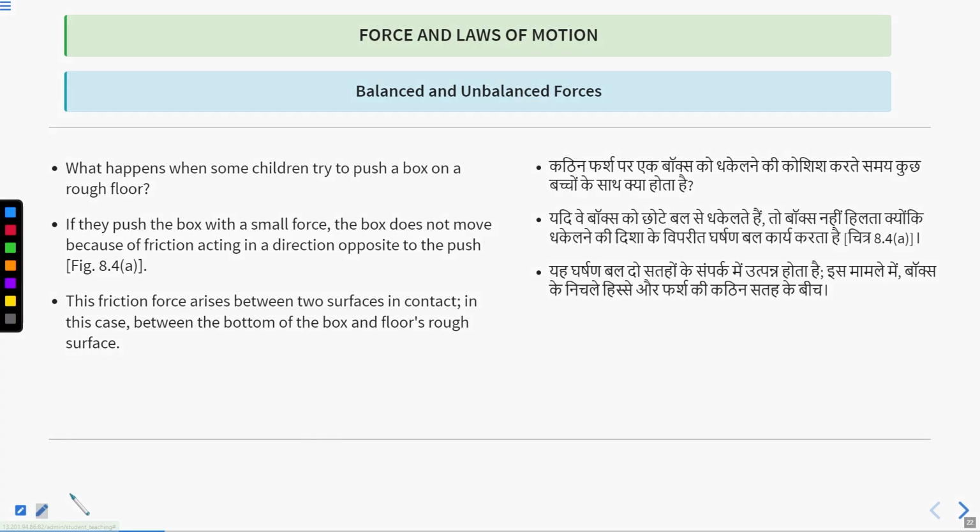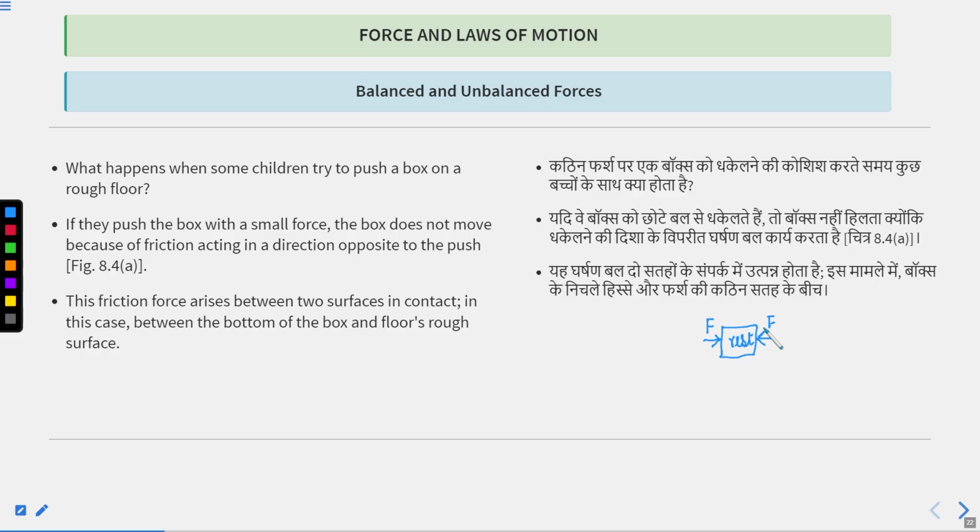What is balanced force? If an object is in a state of rest, you are applying one force in this direction and another force in the opposite direction, but the magnitude of the force is the same. So there is an object and you are applying force from two directions, and the magnitude of force is same. So what is happening here?